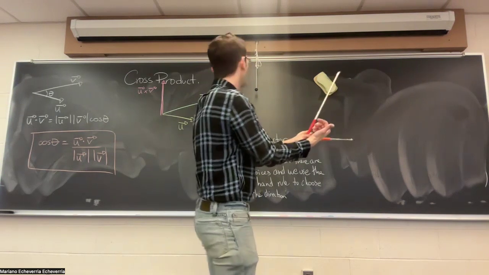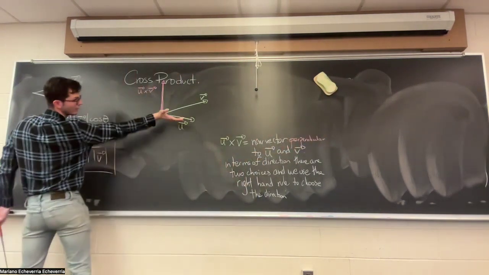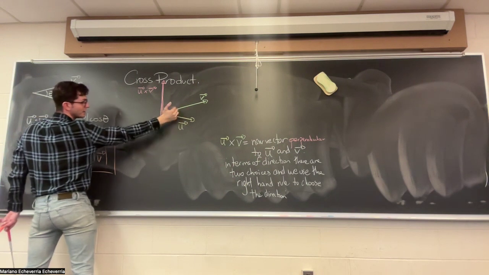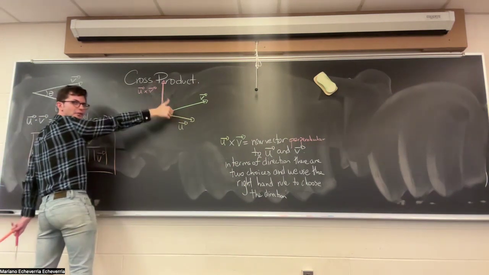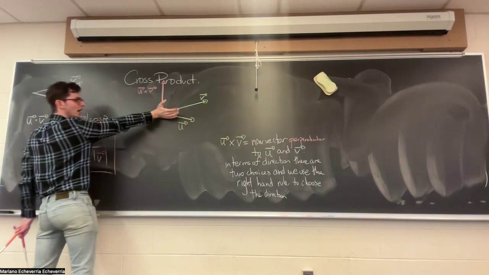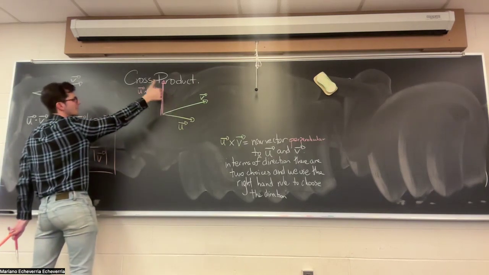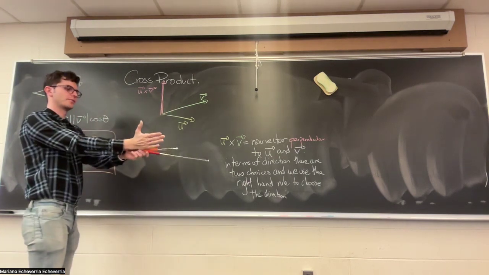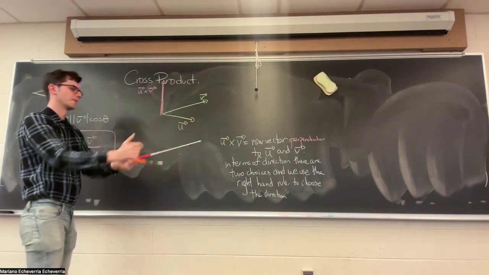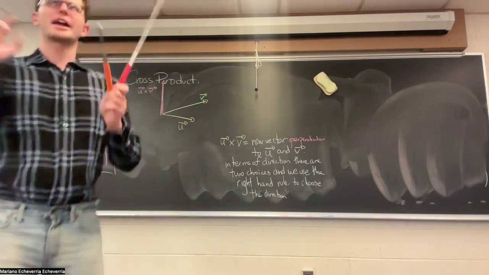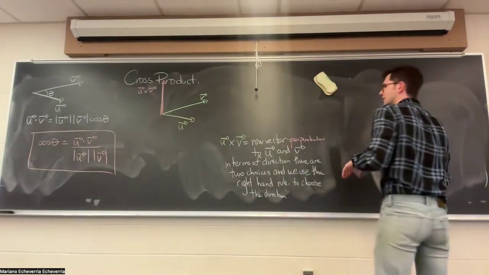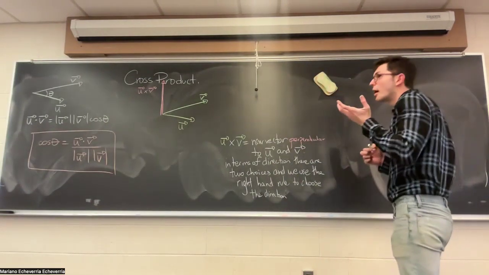In this case, if I put my hand like this and close it towards V using the smaller angle, that's why it seems to be pointing upwards. It takes a little more perspective on the board, but if you put them like this, it's maybe more clear. And again, there are other versions of the right-hand rule, but that's one way to do it.